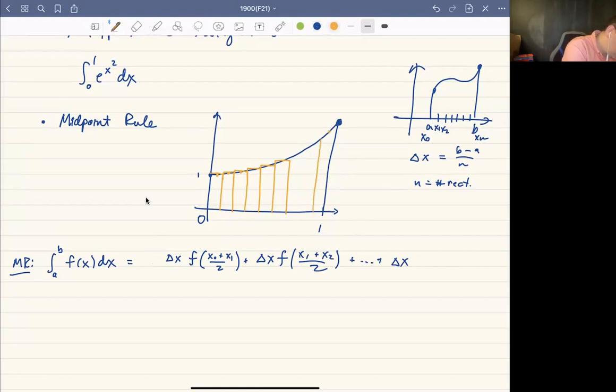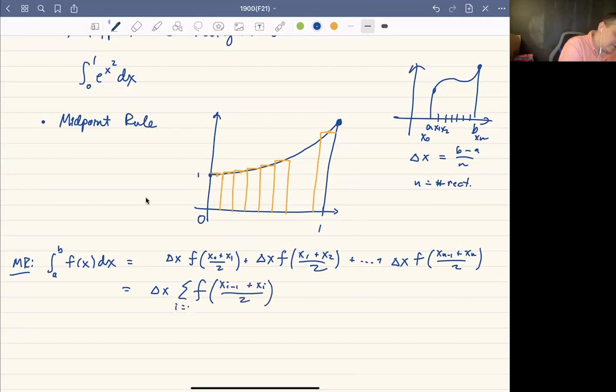We take the midpoint. So it'll be delta x times f of (x sub n minus 1 plus x sub n) over 2. Altogether, this is going to be delta x times the sum of f of (x sub i minus 1 plus x sub i) over 2.